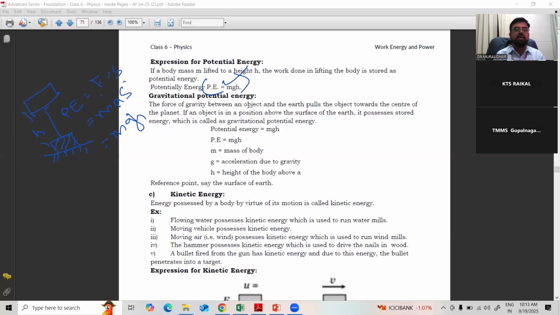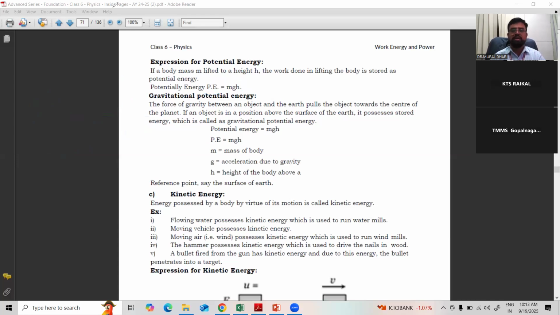The force of gravity between an object and the earth pulls the body towards the center of the planet. If an object is positioned above the surface of the earth, it possesses stored energy, which is called gravitational potential energy. So that is also the same mgh formula. It is called gravitational potential because it is potential energy due to gravitational force.